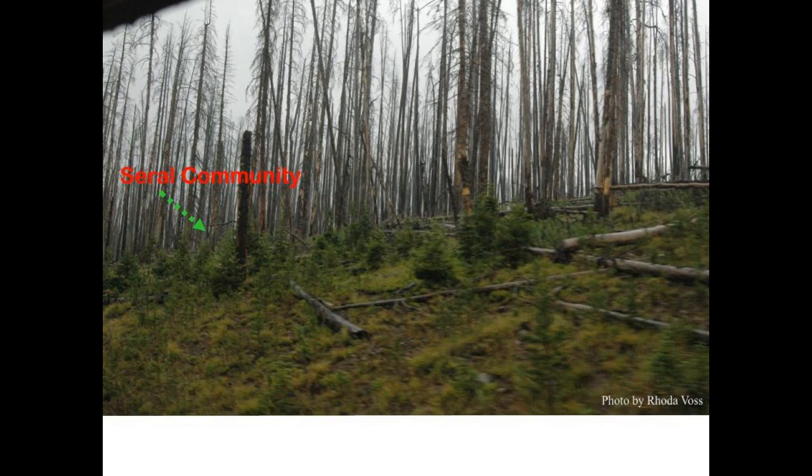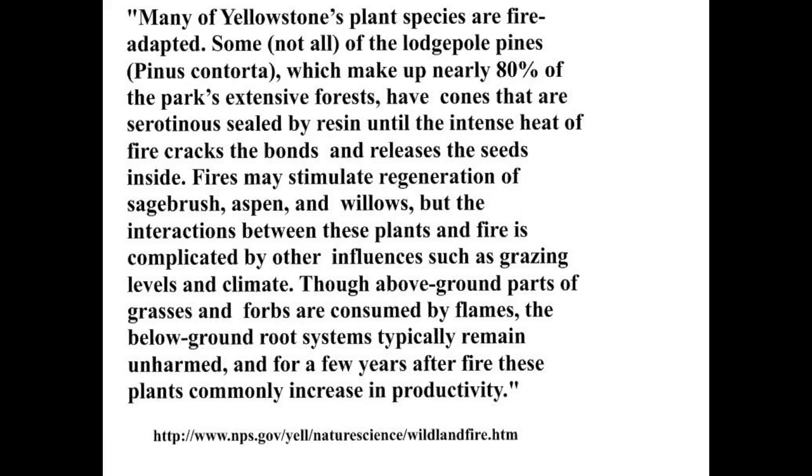We begin to see evidence of a cereal community. We have small trees and grasses covering the whole area. An interesting thing to note is that many species actually are adapted to live in fire-prone regions.